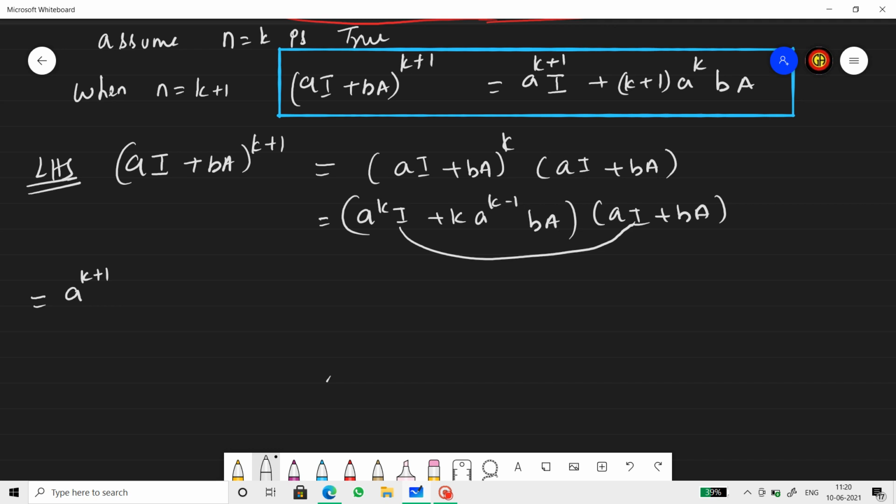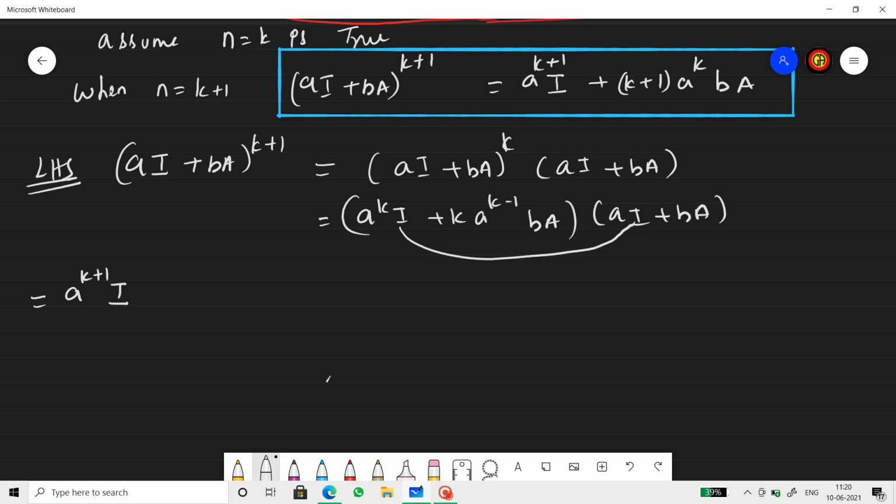I into I is I squared and I squared is I. So I we write here, we will not make them as A^(k+1) because A^(k+1) is a scalar value and I is a matrix. If it was a matrix, then the multiplied answer is A^(k+1). So here it's A^(k+1) into I.